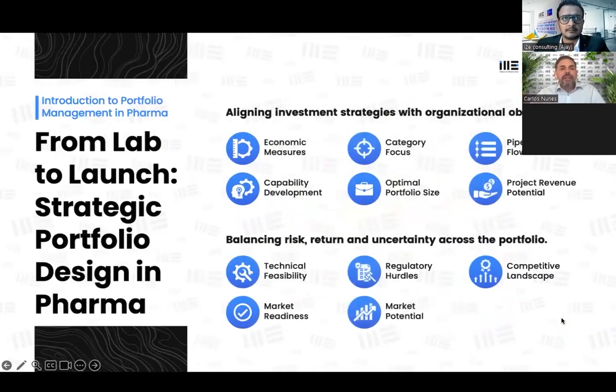So that leads us to ask the question, what is the overall portfolio we're focused on? The way that we look at it, in my experience, having done this quite a number of years in the pharma R&D space, is really from the lab, the initial idea of the medicine, all the way to getting it into the marketplace.